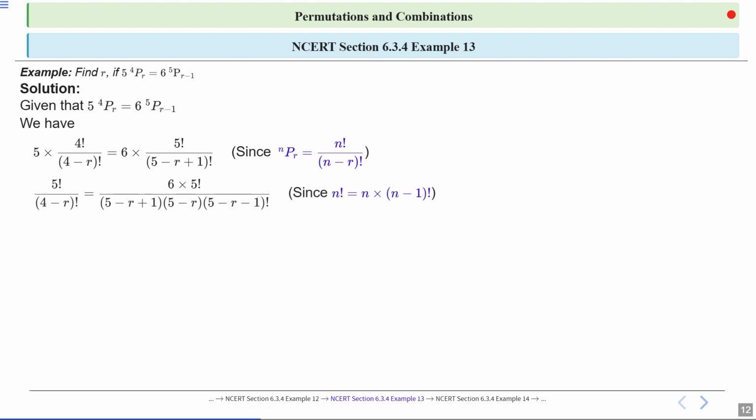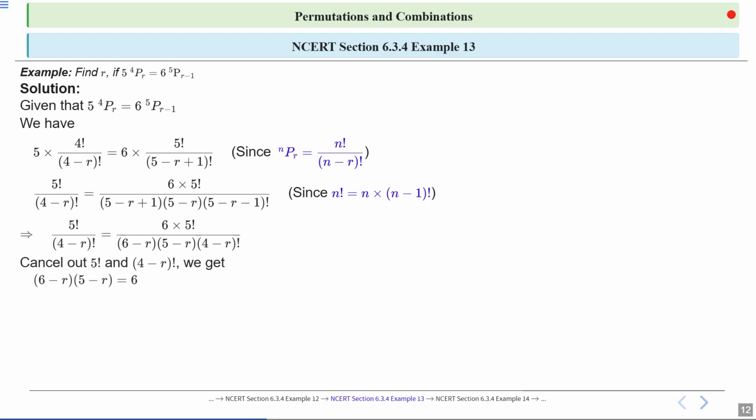Here we are simplifying factorials. So look, we use here n factorial equal to n times (n minus 1) factorial, to further simplify the equation. It gives us 5 factorial upon (4 minus r) factorial is equal to 6 times 5 factorial upon (6 minus r) times (5 minus r) times (4 minus r) factorial.